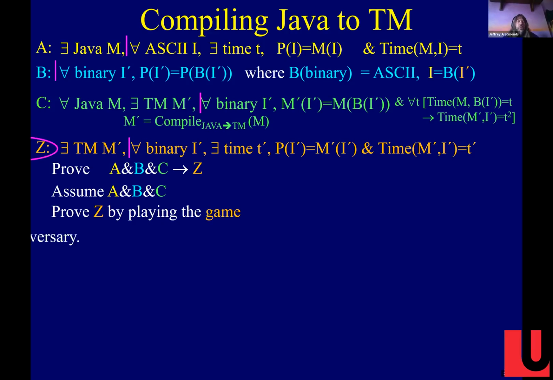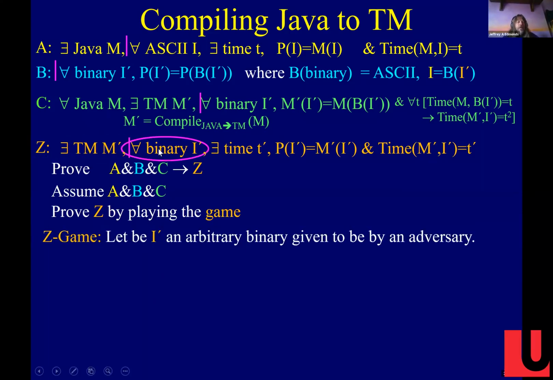All right. So what is our goal now? Our goal now is, well, it's for all binary strings, for all binary inputs. So how do we prove it's true for all binary inputs? Well, we say, oh, let I prime be an arbitrary binary input.